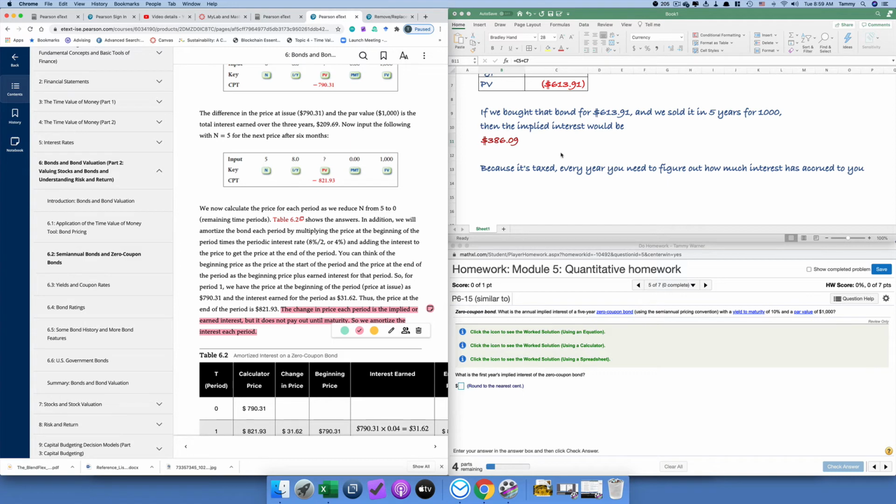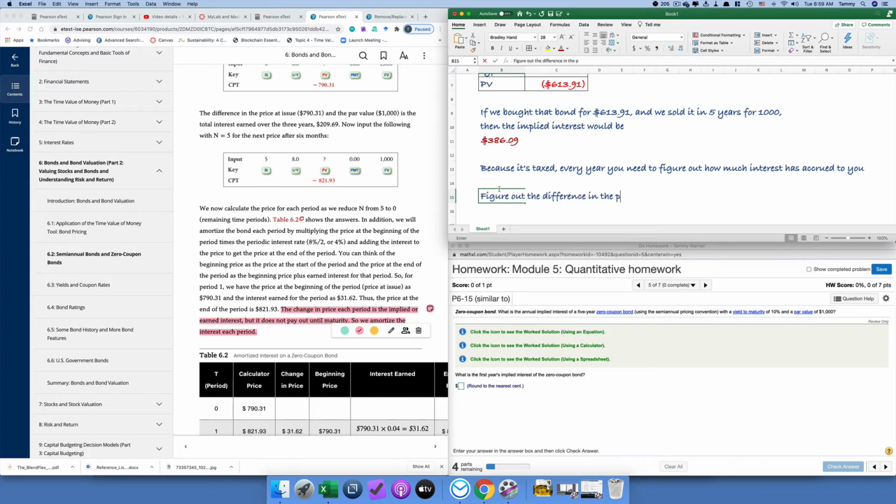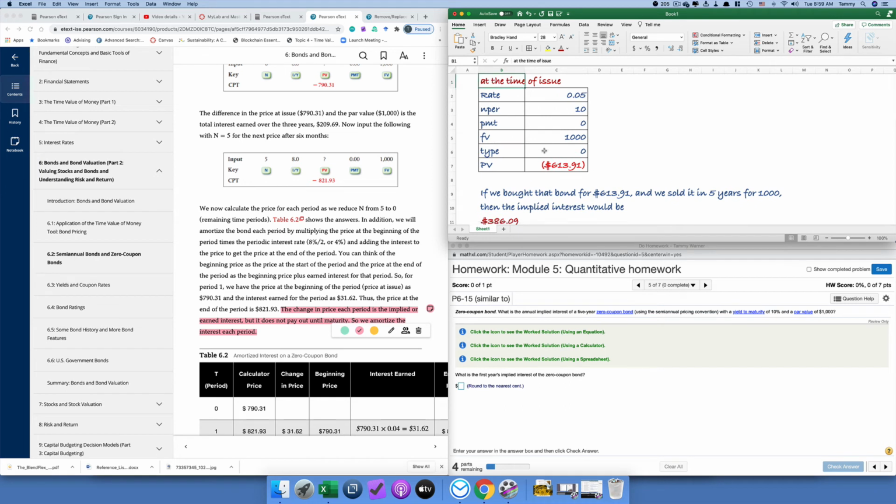But in that first year, you have to figure out the difference in the price of the bond from one year to the next. Right? So, at the time of issue, the present value was $613.91.